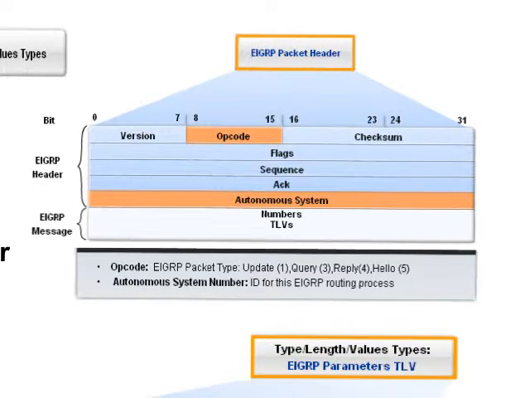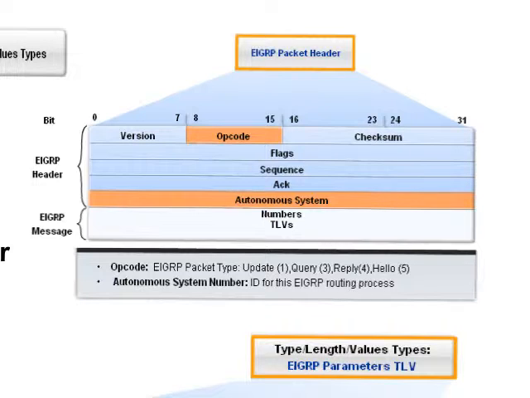And guess what? In order for a group of routers to exchange EIGRP messages, they have to have the same process ID, which in a way can work as an autonomous system. So a group of routers that have the same process ID or autonomous system can exchange routing entries together.